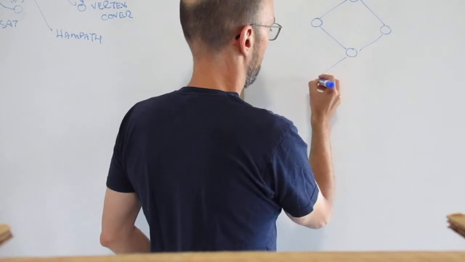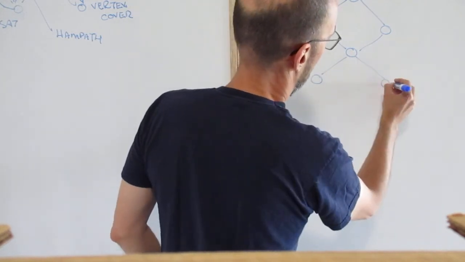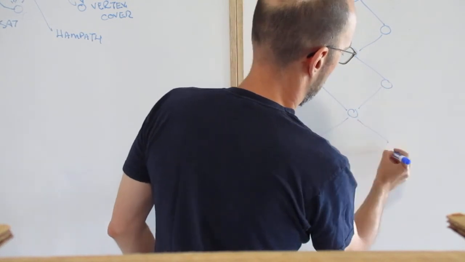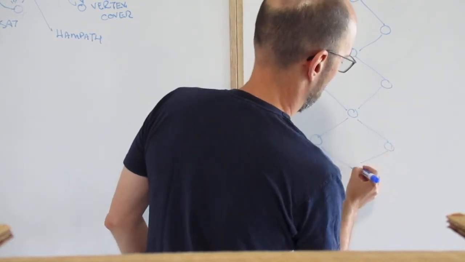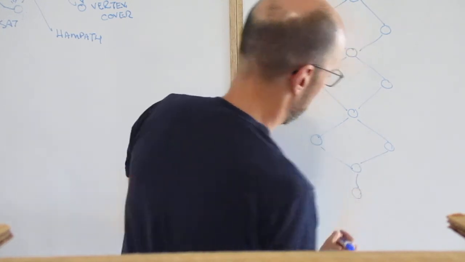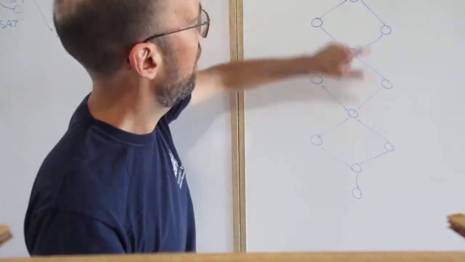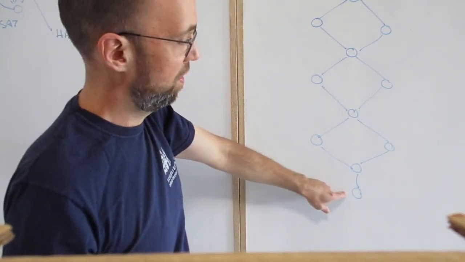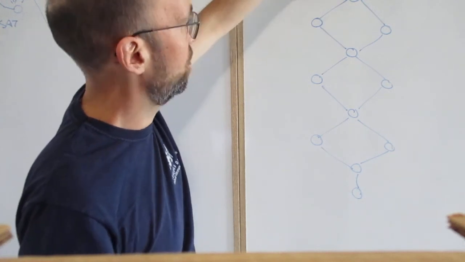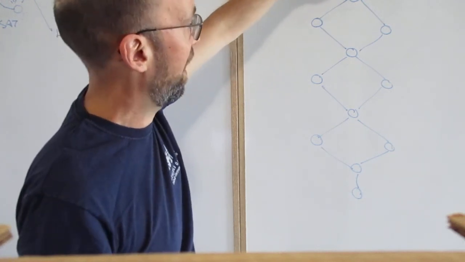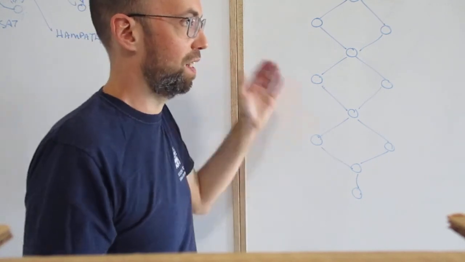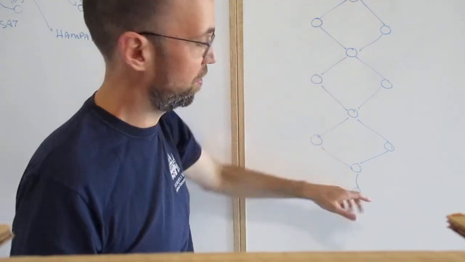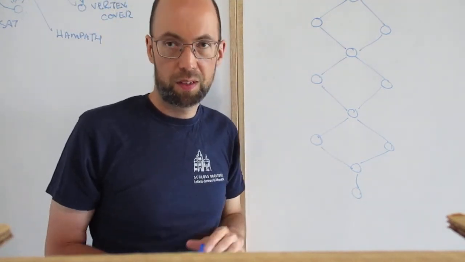This is going to be for clause 2. And this is going to be for clause 3. And then just to make sure that it has to begin or end here, because once you're here, you can't go anywhere. If you start here, you can't get back. If you end here, you can't leave. So either it starts here and goes to here, or it starts here and goes to here. Everybody's happy with that? Okay.